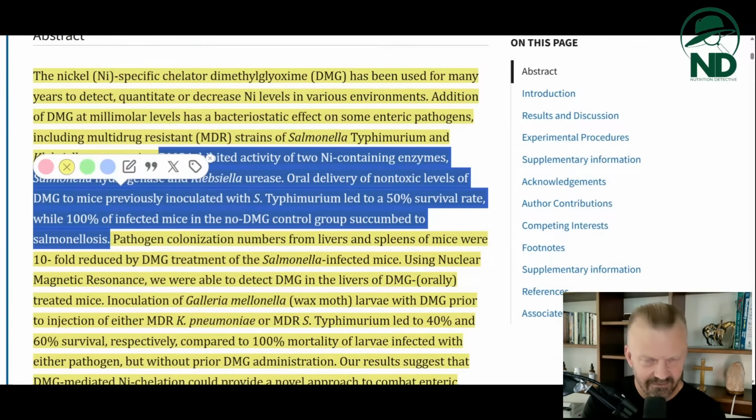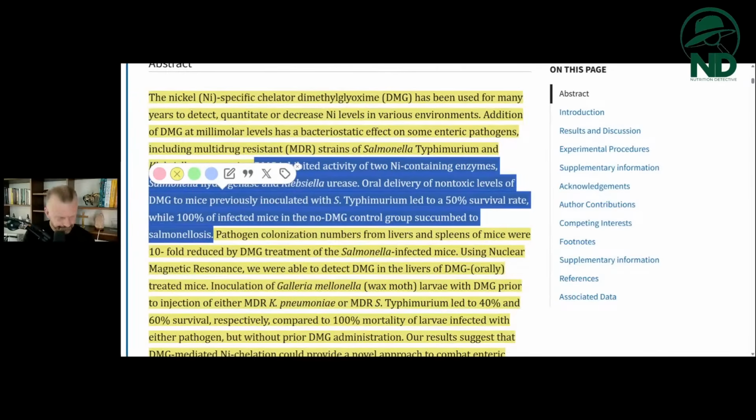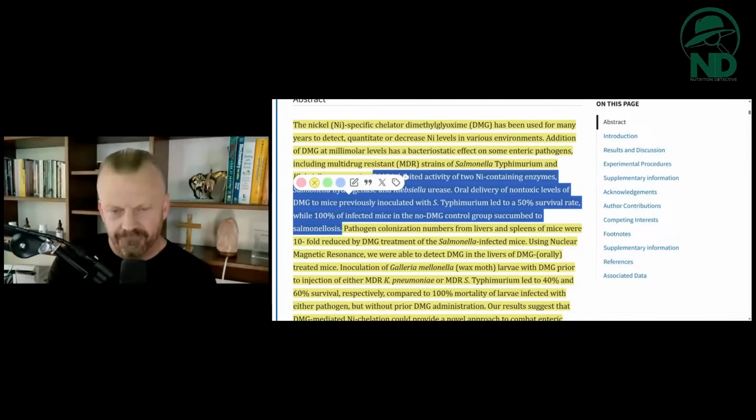No, that would be like saying vaccines only contain one thing. No, they don't. So half of the mice that they infected with this toxic brew that had Salmonella typhimurium in it, 50% of them survived if they got DMG. 100% of them died if they didn't get DMG.